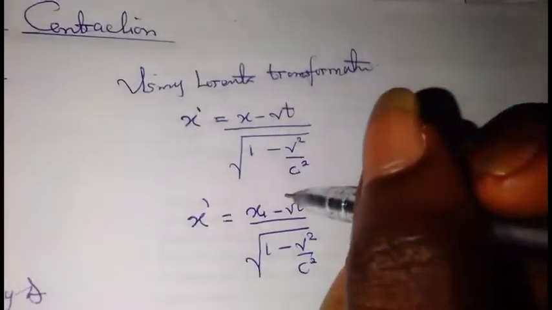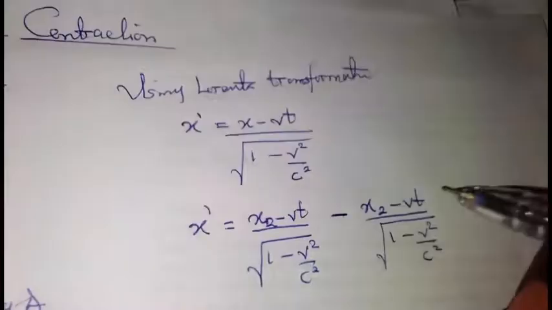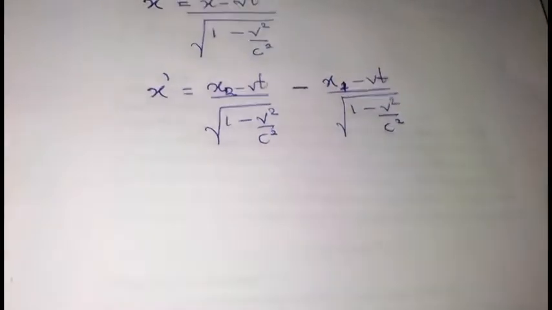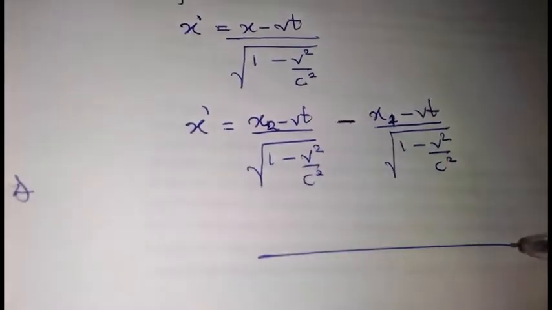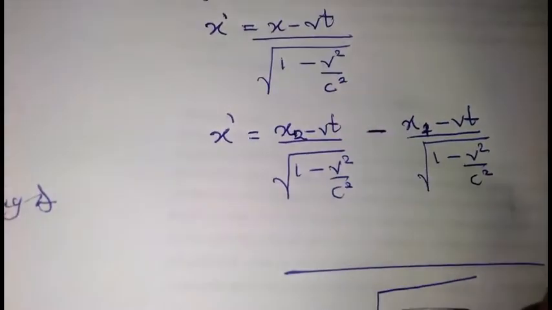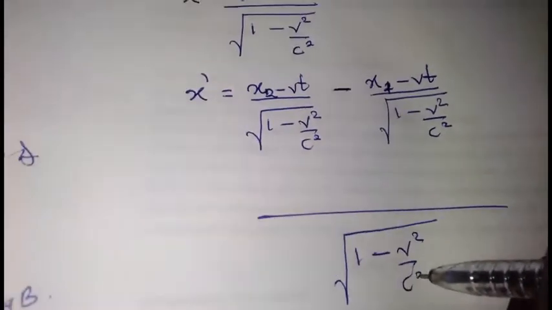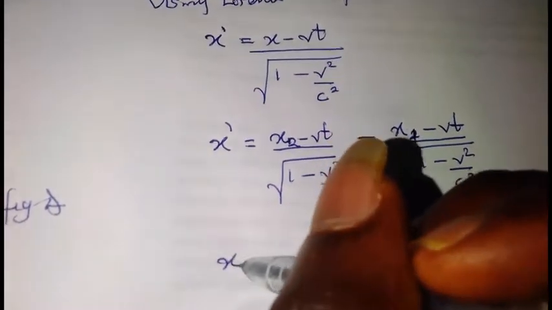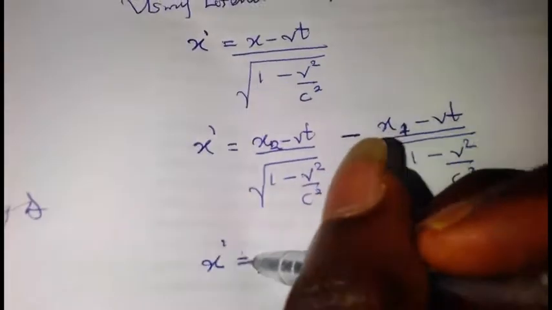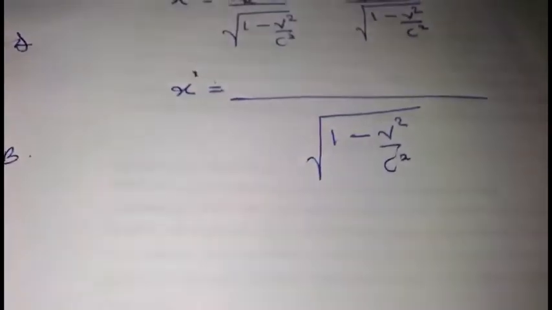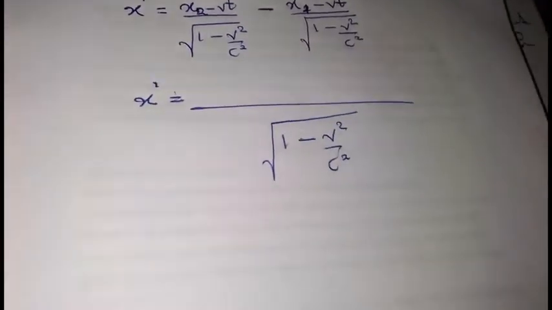Let me call this 2 and here is 1. So looking for the LCM, the LCM of this will give me root 1 minus v square all over c square.